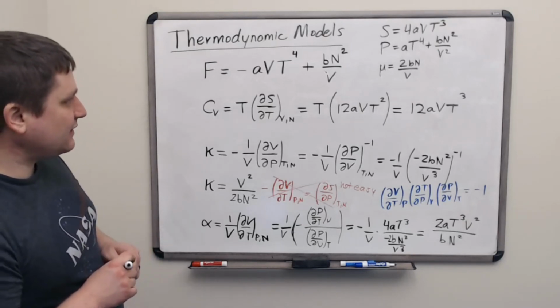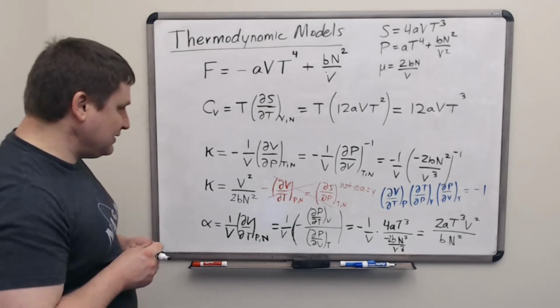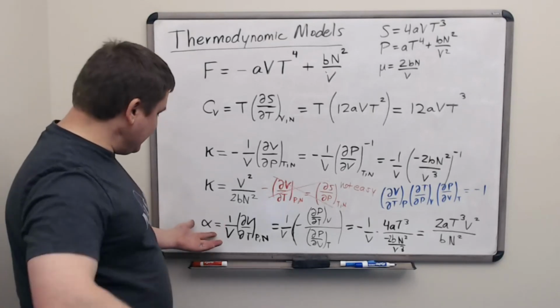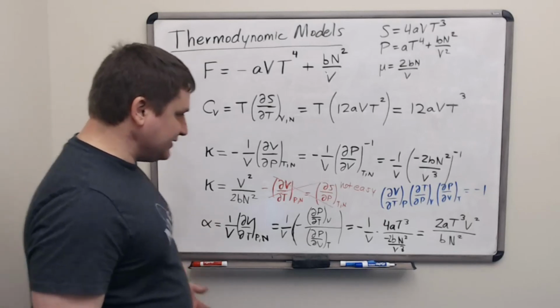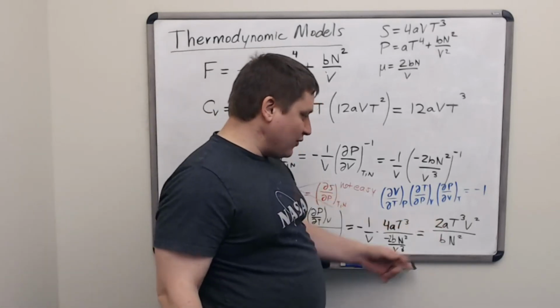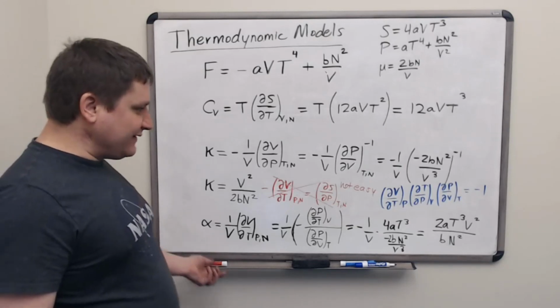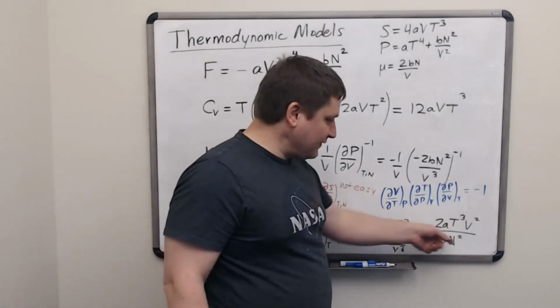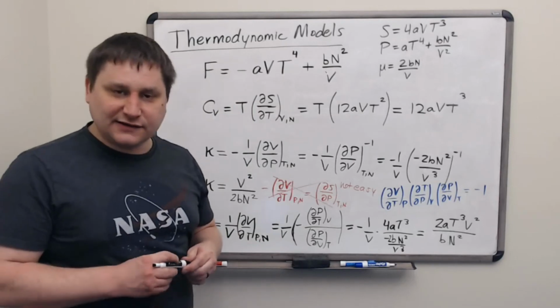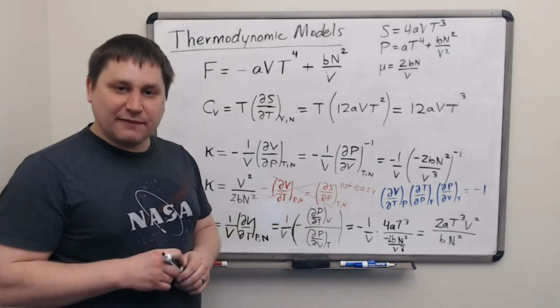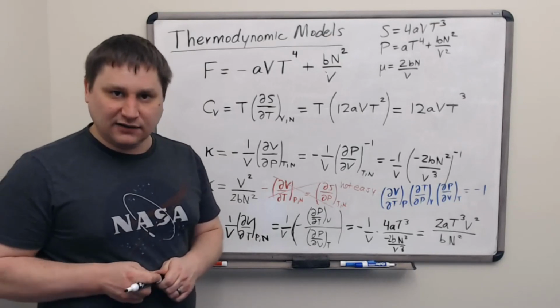And it doesn't look so simple. It's not obviously that alpha is directly related to one of these parameters, a or b. The thermal expansion coefficient depends on the current value of temperature, volume, and particle number for the system. But that's what this model predicts. And so it remains to compare with experiment to see if it's a good model or not.